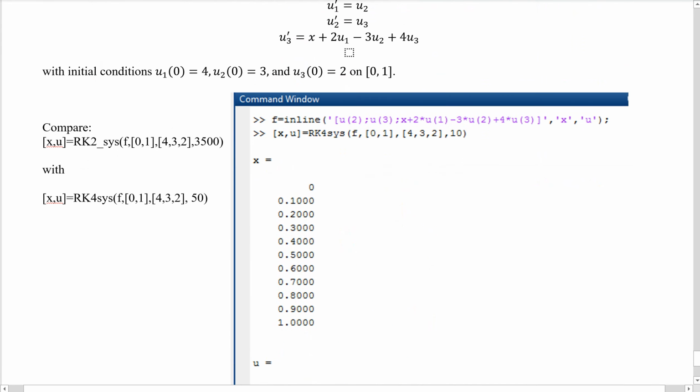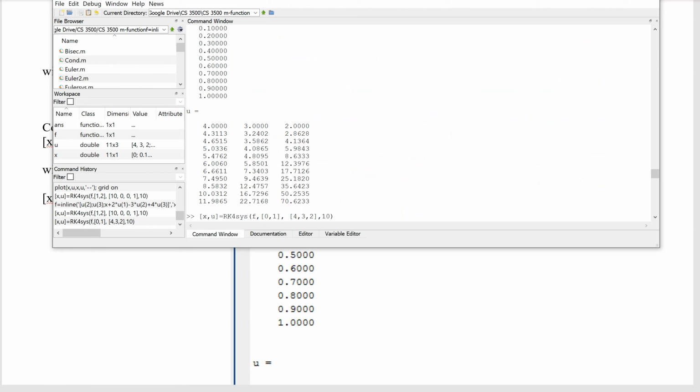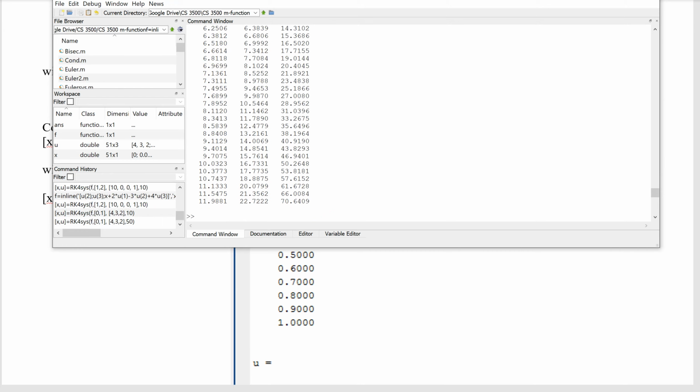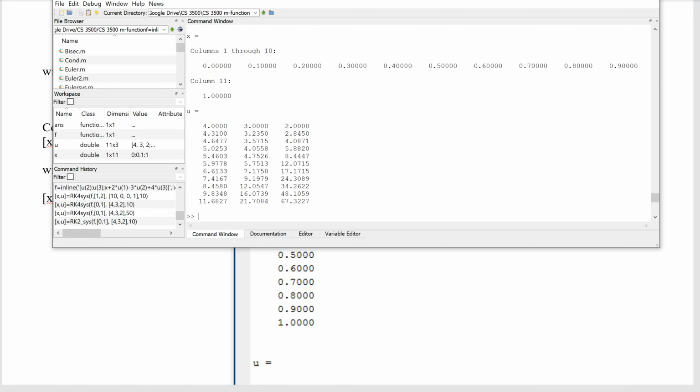Okay, so RK4 50. Look at the last number. 76409. So keep that in mind. If we do RK2, if we just use 50, we just get 7 point something, right?